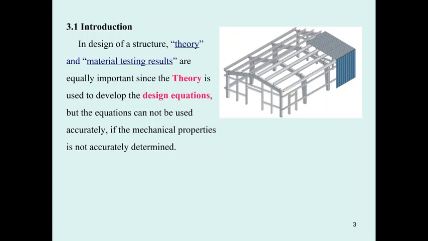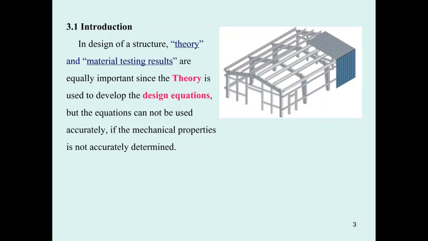That means we also need to calculate the coefficient of variation, which is the standard deviation divided by the mean. You can see from the table that the coefficient of variation of the mechanical property of steel is about 5 to 10%, which is less than concrete, which is about 10 to 15%.